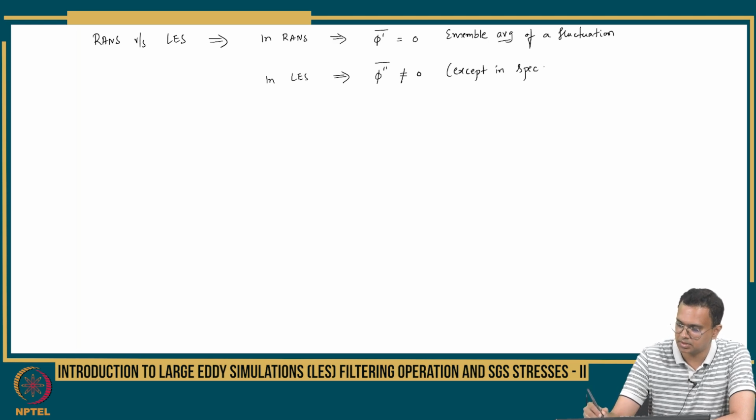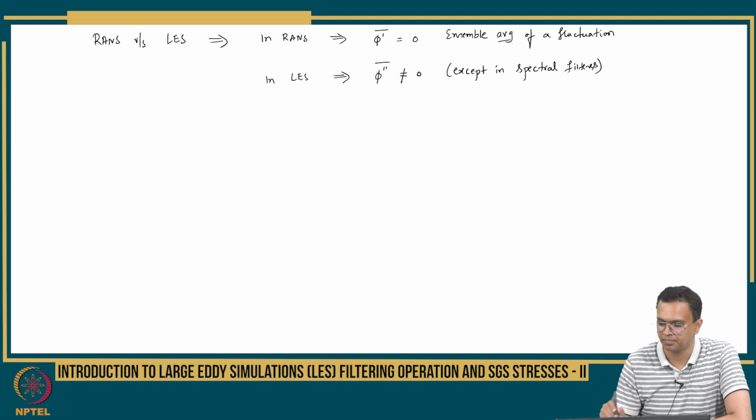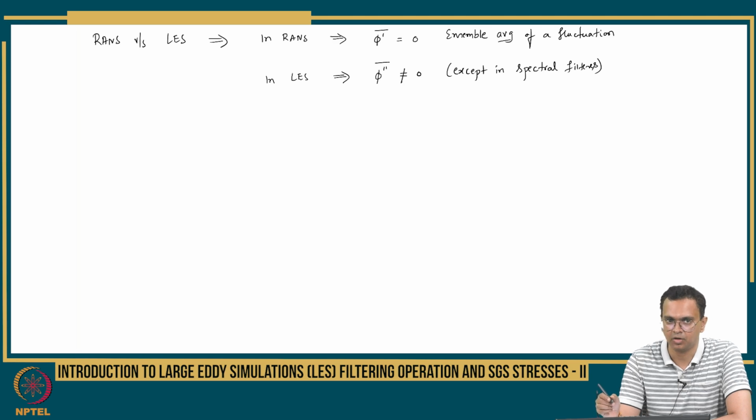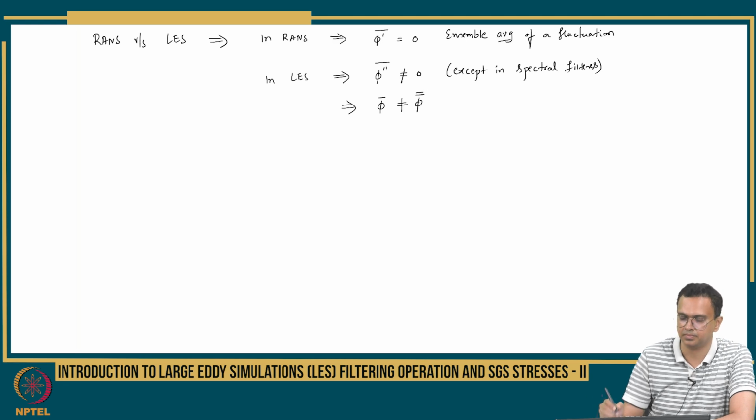When I discuss the types of filters, I'll discuss this. Except in spectral filters. So in general, phi double prime or the volume averaging or filtering of your residue is not going to give a 0 value. So that means phi filtering is not equal to phi double filtering.